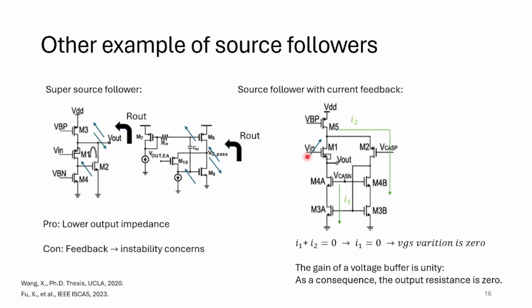To remove this effect, when Vin goes up, I1 is produced and copied through this path. Because the AC sum of these currents is zero, and the AC current of M5, which is a current source, is zero, I1 is zero, so the gate-source variation is zero.